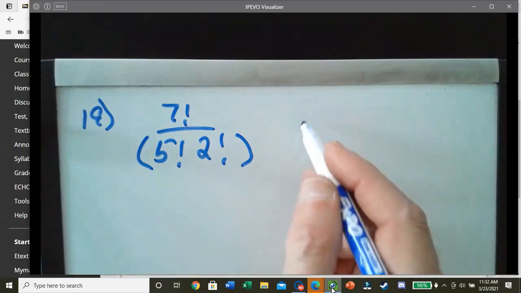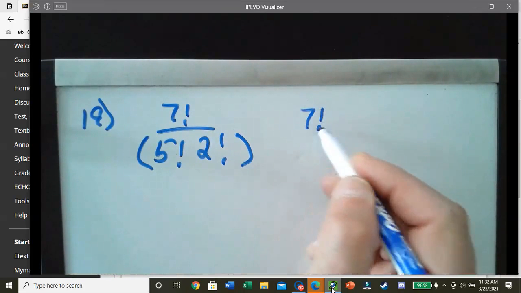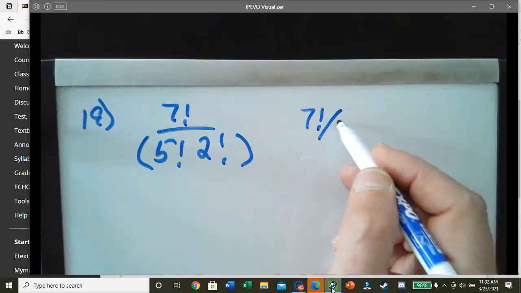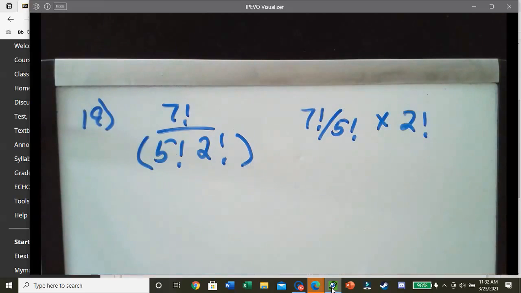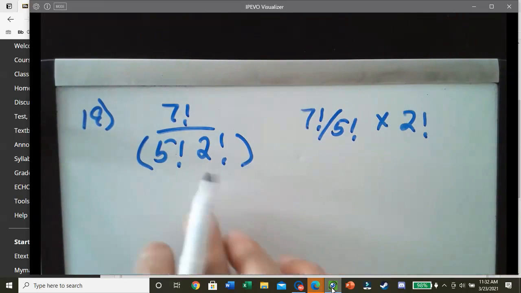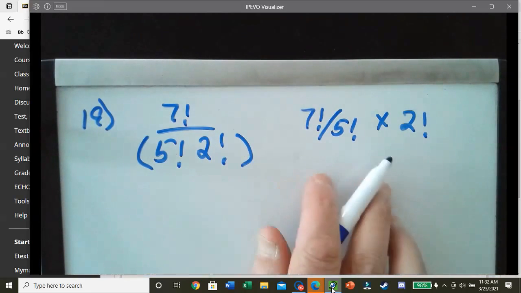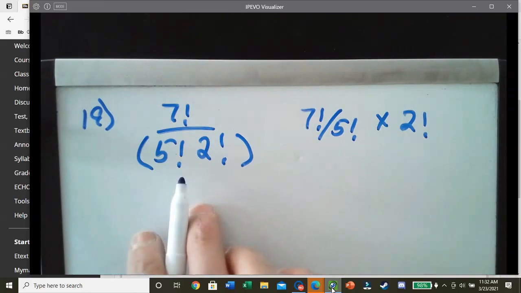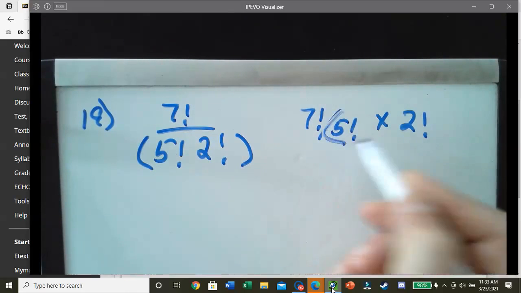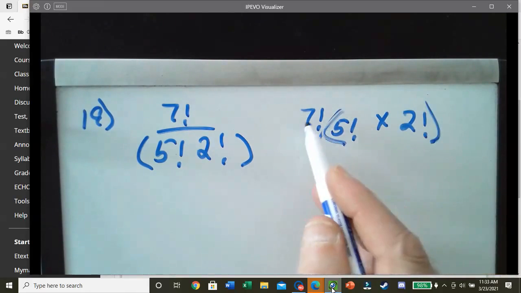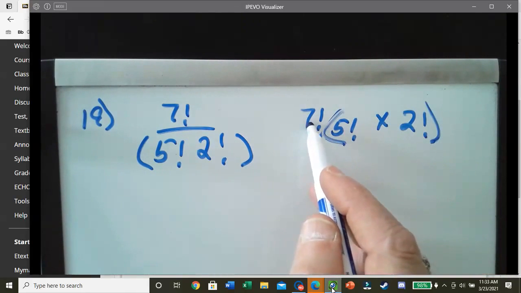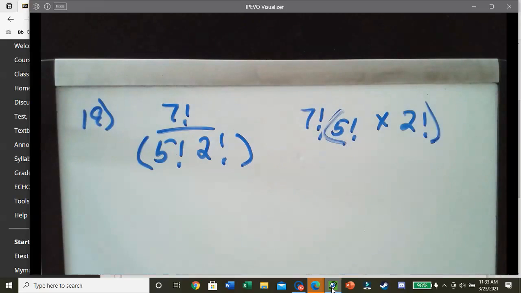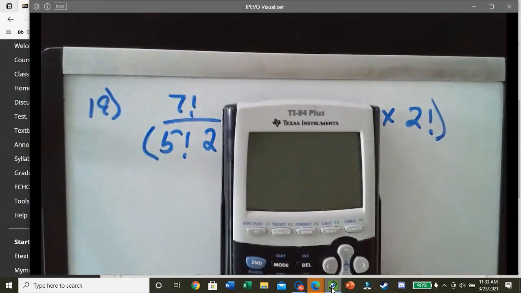Because if you don't, your calculator will read this as 7 factorial divided by 5 factorial, times 2 factorial. If you don't put the parentheses around it, that's what your calculator sees. So you have to put parentheses around the denominator so that the whole denominator divides into the 7 factorial. And I'll show you what I mean.